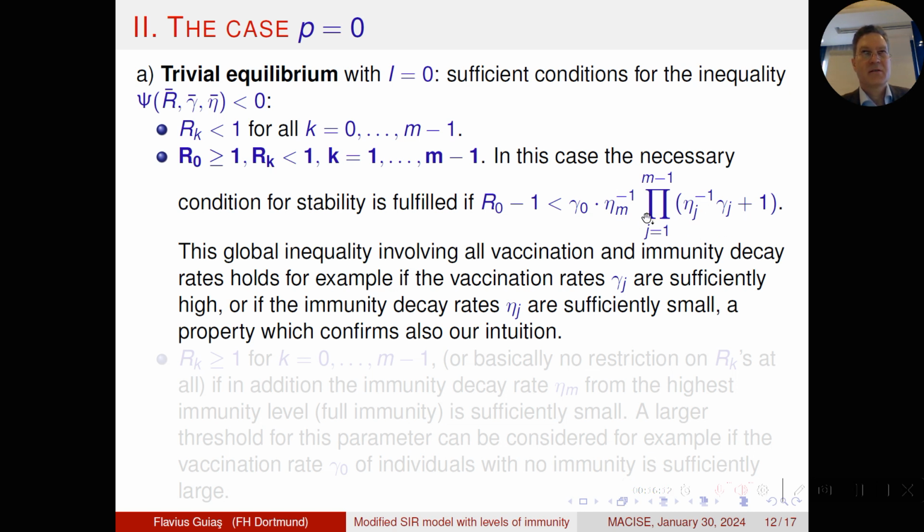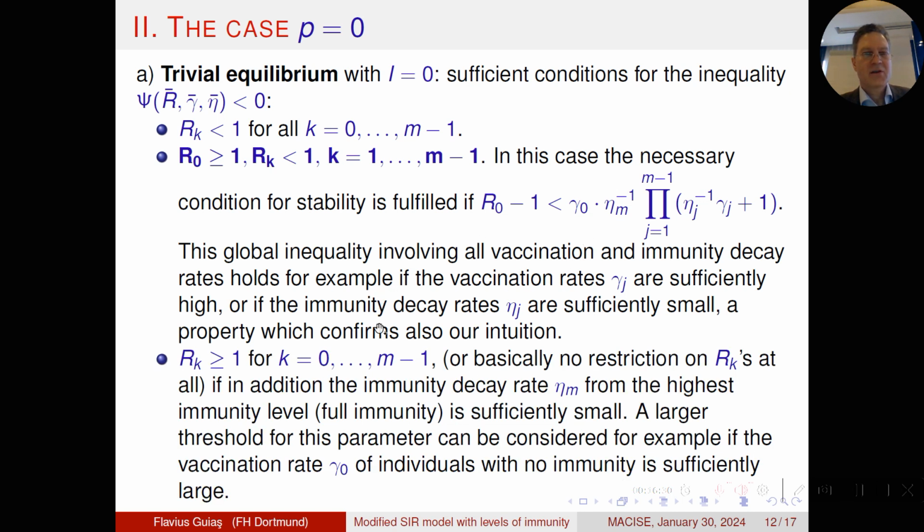So basically the individuals stay long enough on a certain level of immunity, and this immunity doesn't decay too fast. So it's just a logical condition. If immunity lasts long enough, or if vaccination is performed frequently enough, then it would be stable.